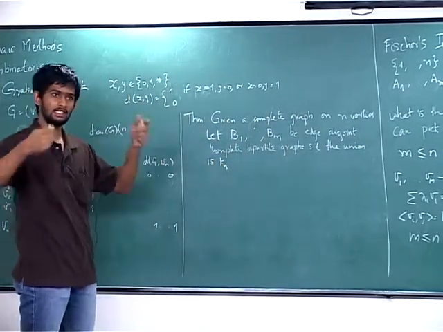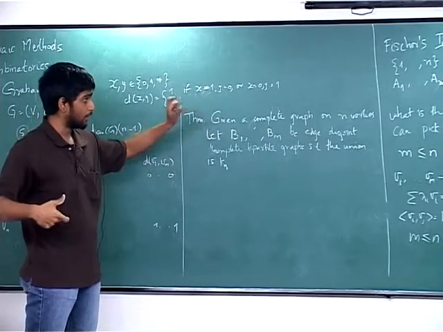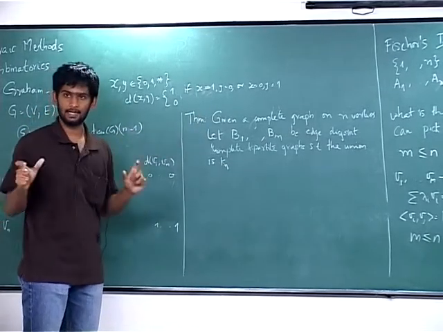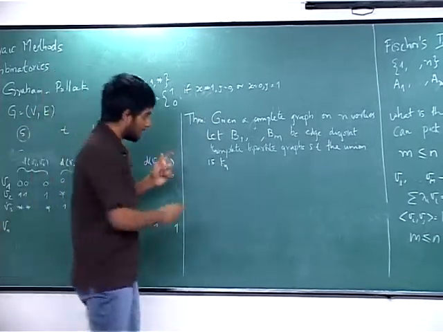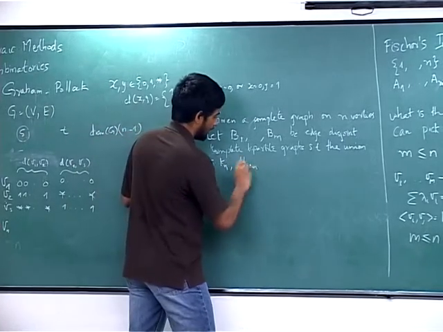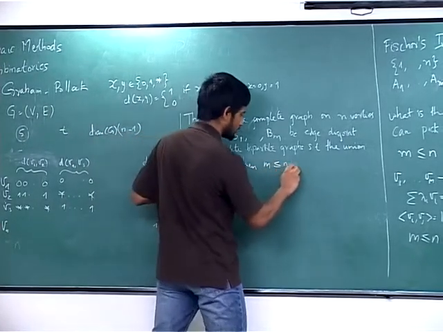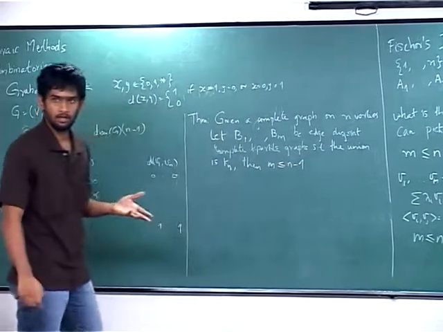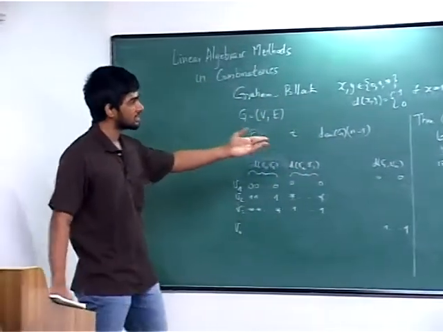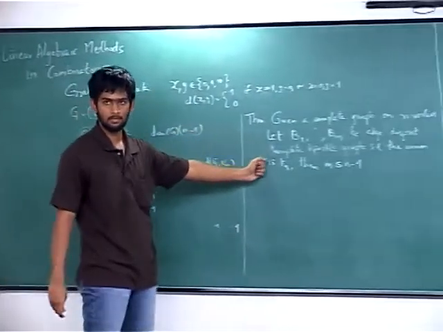You want to partition the complete graph into m edge disjoint complete bipartite graphs. Then m can be at most n minus 1. And proving this is actually equivalent to proving this theorem.